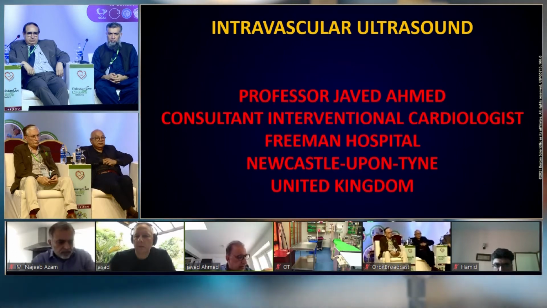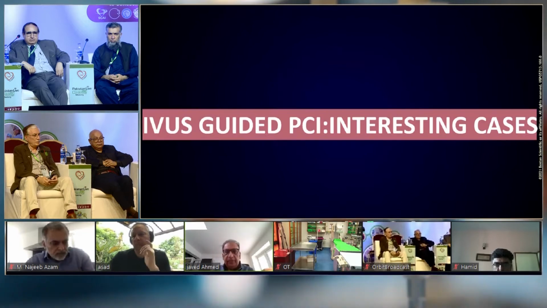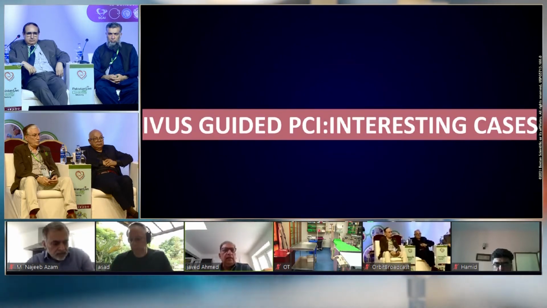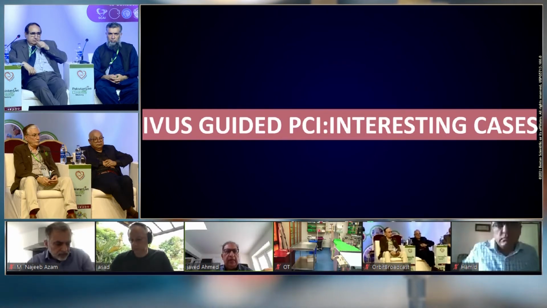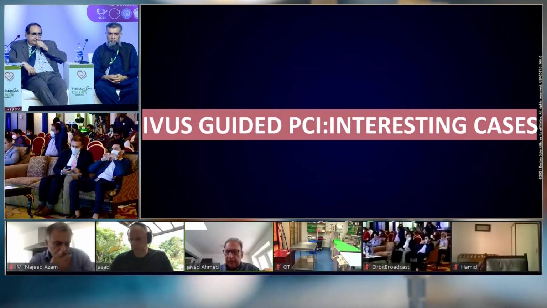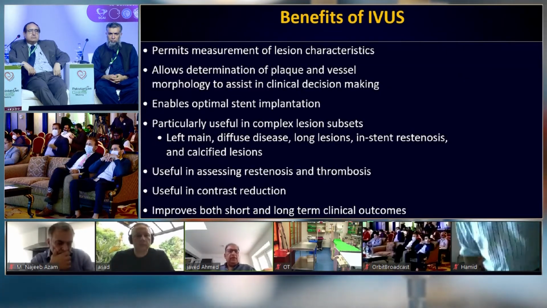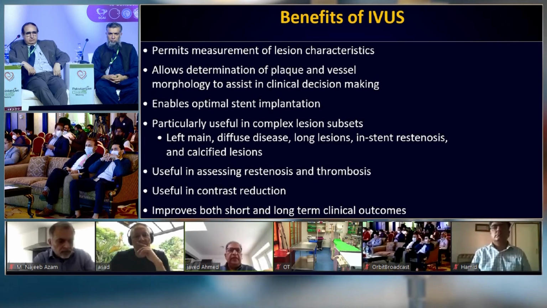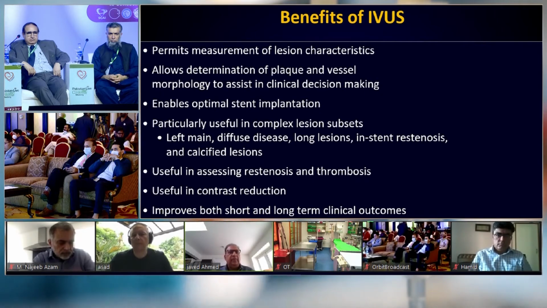Intravascular ultrasound obviously has become an essential adjunctive tool to PCI over the last 20 years in the cath labs. I'm just going to concentrate on a couple of complex lesion subsets, particularly the left main, as well as the long diffuse lesions. IVUS helps us to do some measurements of the lesion characteristics and allows determination of plaque as well as vessel morphology to assist in clinical decision.